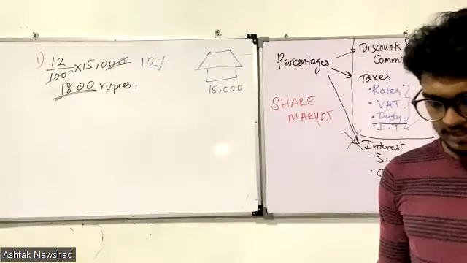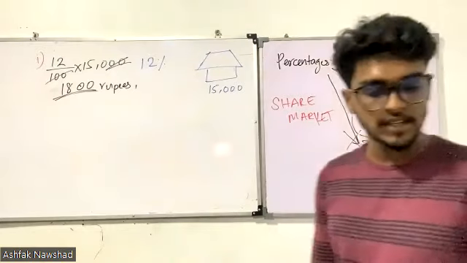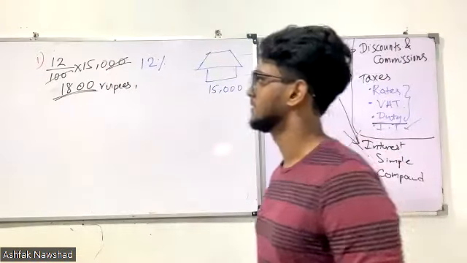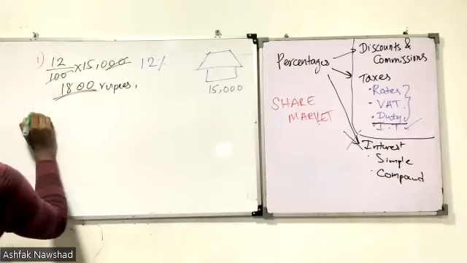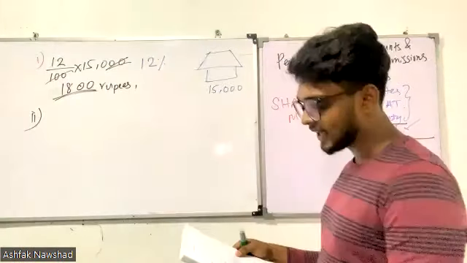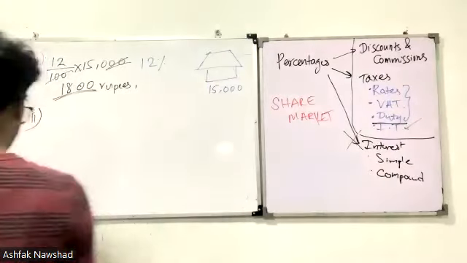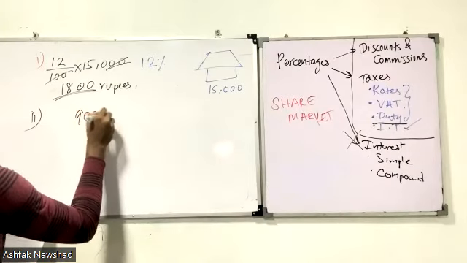Then it seems like the question gets complicated, but it doesn't. Don't read the full question, try to understand it part by part. They say Kamal rents his house for a year. Monthly rent is 9,000 rupees.